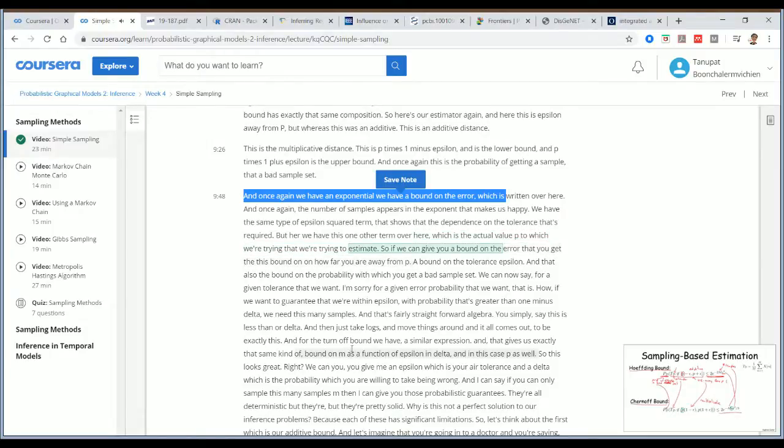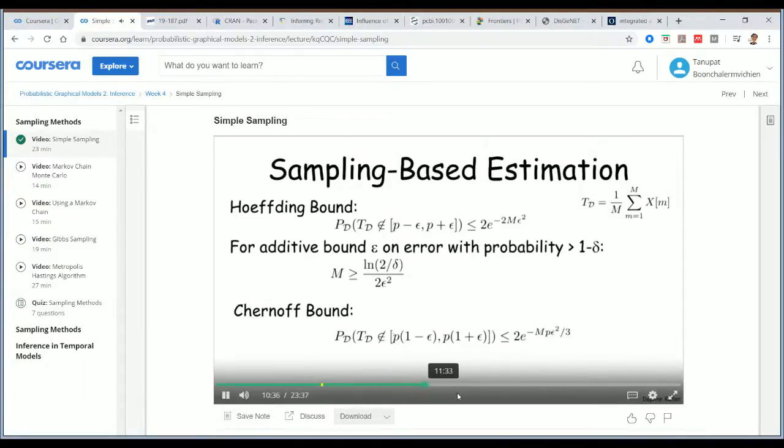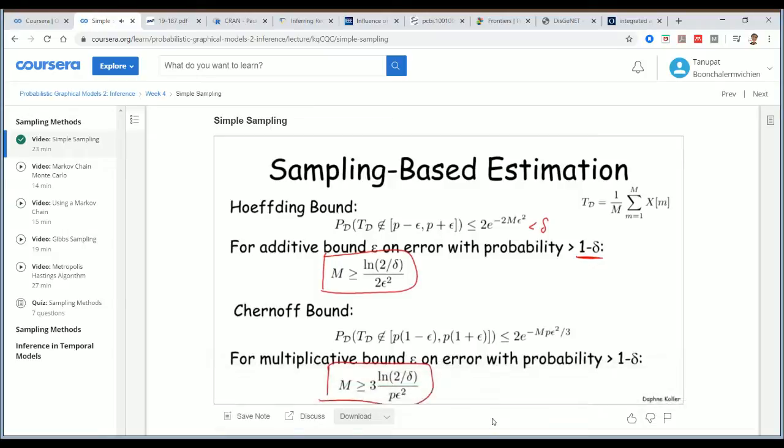So if we can give you a bound on the error that you get, this bound on how far away you are from p, a bound on the tolerance epsilon, and also a bound on the probability with which we get a bad sample set, we can now say, for a given tolerance that we want and a given error probability that we want, that this many samples, exactly this, as a function of epsilon and delta, and in this case, p as well.